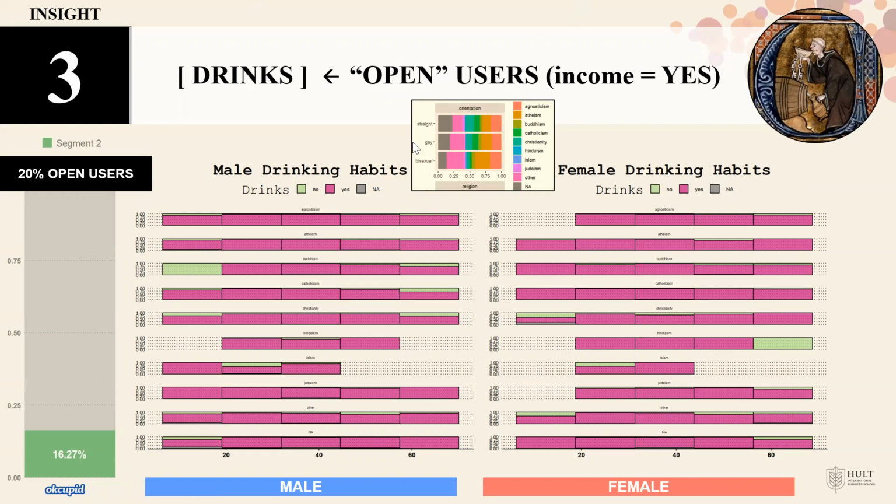Well, open users, and I cleaned out the outliers. Yes, only people between 0 and 100, more than 50 inches, and some other things. But what I found interesting is the behavior of the people related to their religion, gender, age, and privacy setting.